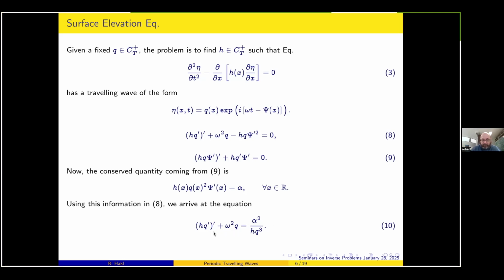of this form. This looks similar to the previous one, but it differs because here this is the derivative of q, and it enters as a multiplication.